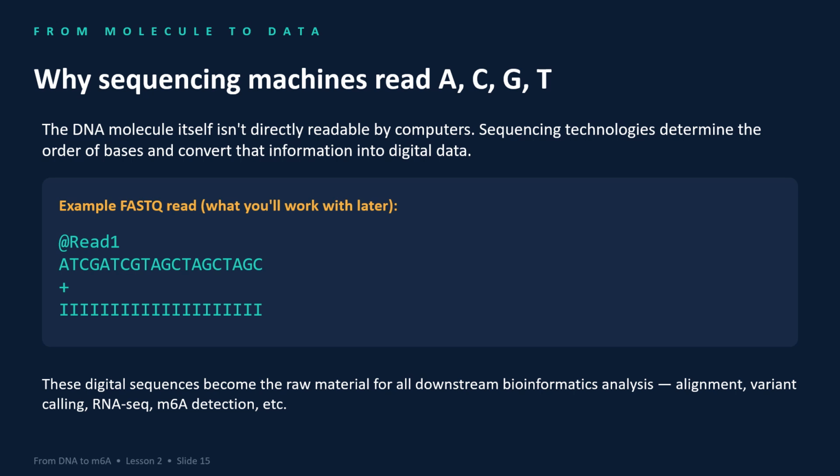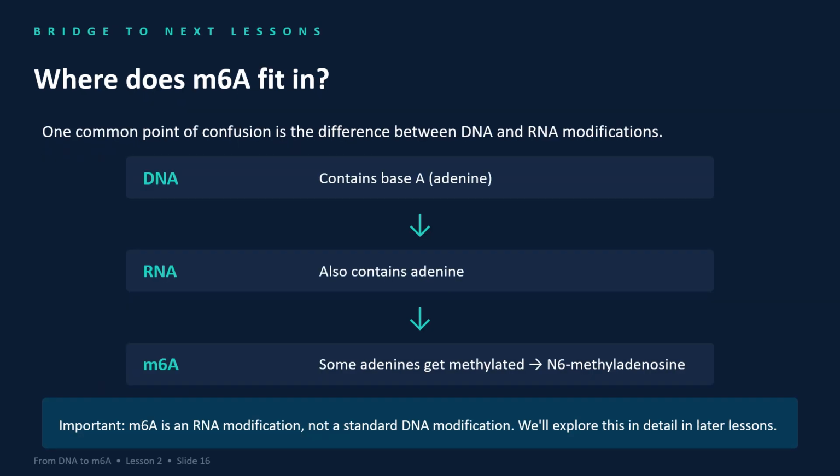Now I want to introduce an idea that connects today's lesson to the rest of this course. So far we've been talking about DNA, but biology becomes even more fascinating when we move to RNA. Inside RNA, one of the bases, adenine, can receive a small chemical tag called m6A, or N6-methyladenosine. This does not change the DNA itself.